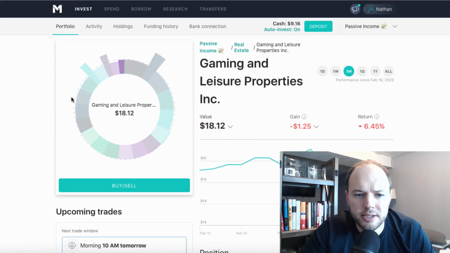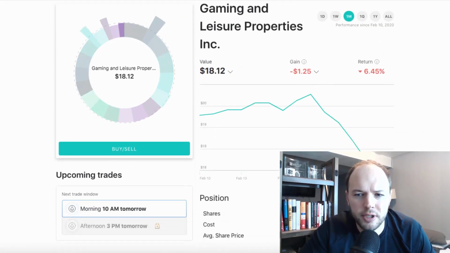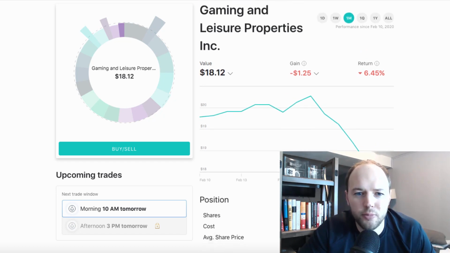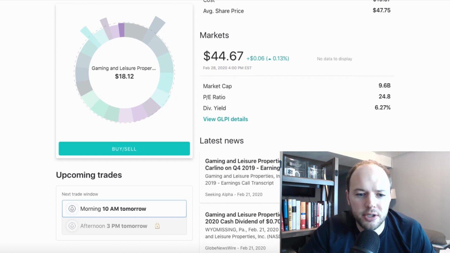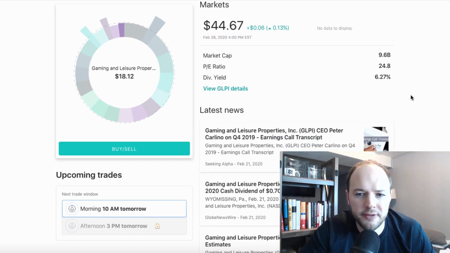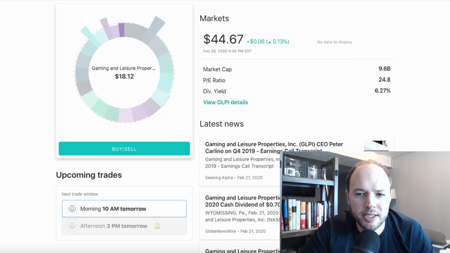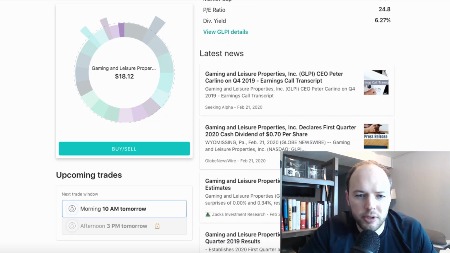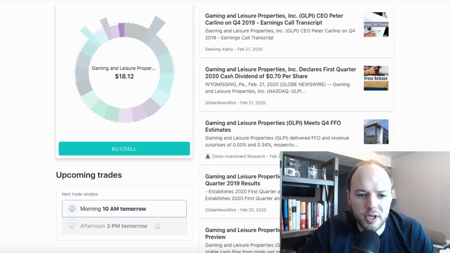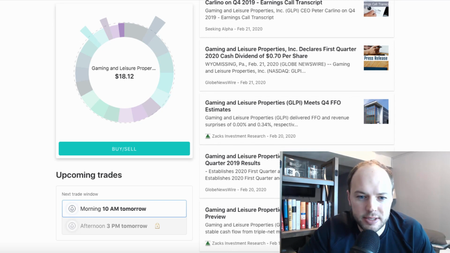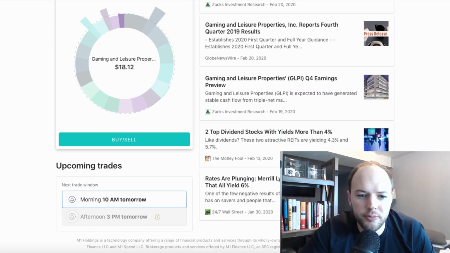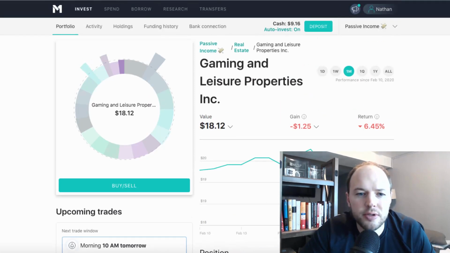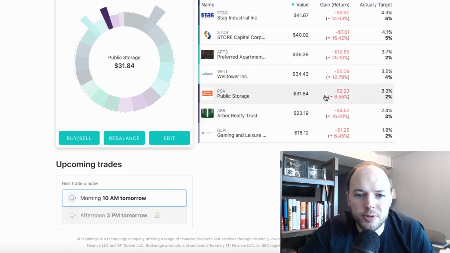I added this stock to my portfolio as another diversified REIT that focuses on a different sector that has good long-term growth and pays a good dividend of 6.27%. It was priced accordingly, and I felt it had the opportunity to continue to grow long term. So that's why I added that stock, the REIT.